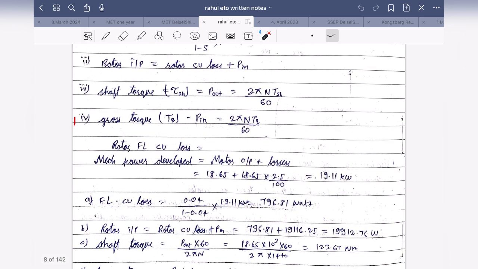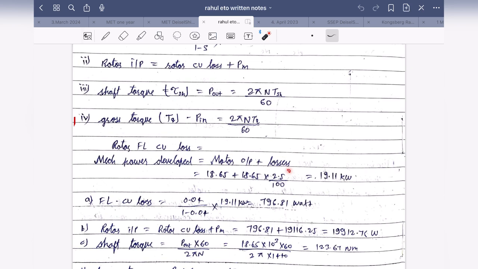Now we already have the formula. Now we can find the total mechanical power developed. Motor output plus loss will give the total mechanical power developed by the motor. In the question it is given that 18.65 is the motor output and 2.5% is the loss.